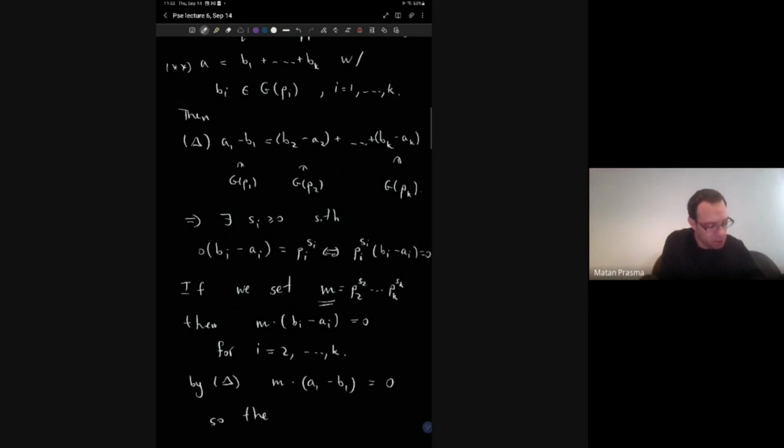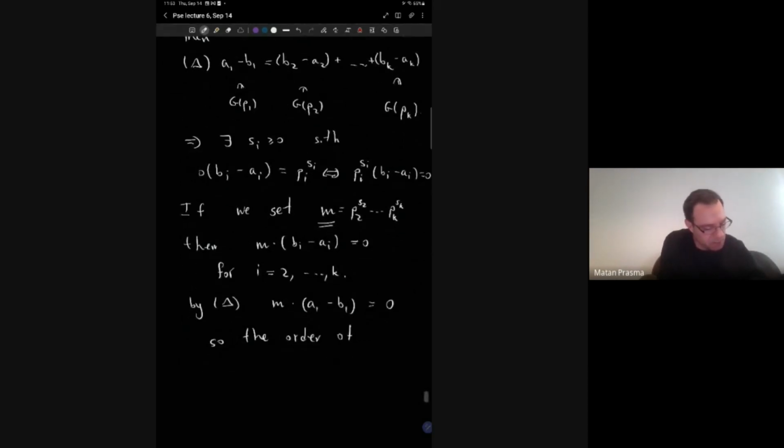So the order of A1 minus B1 divides M, which I remind you is P2 to the S2 up to PK to the SK.